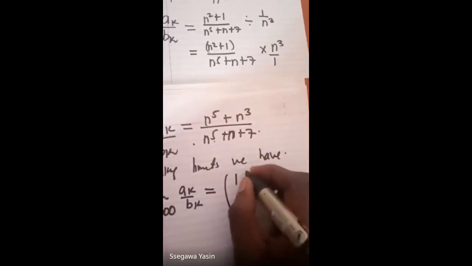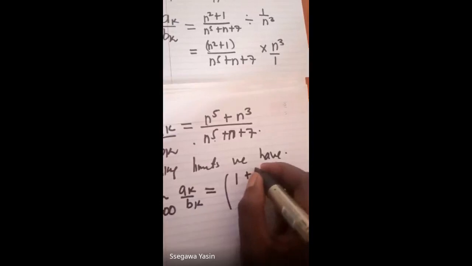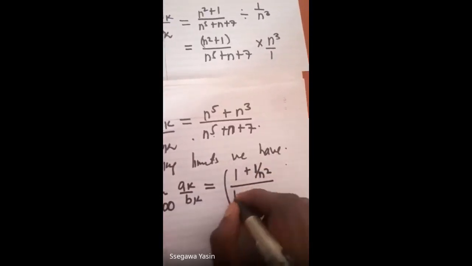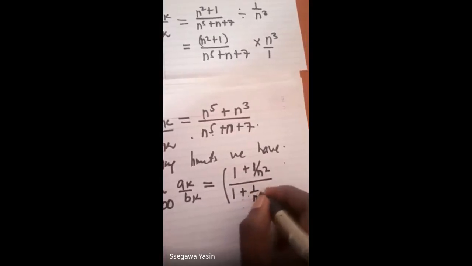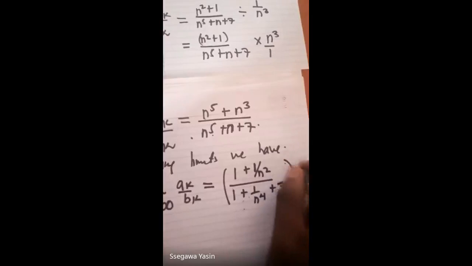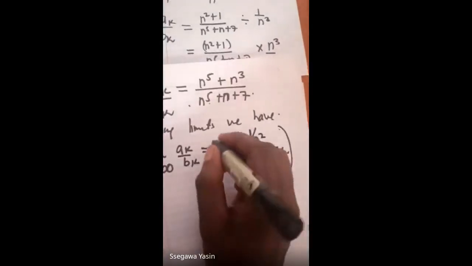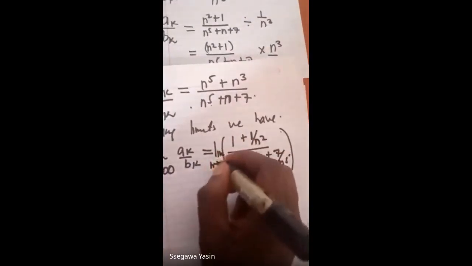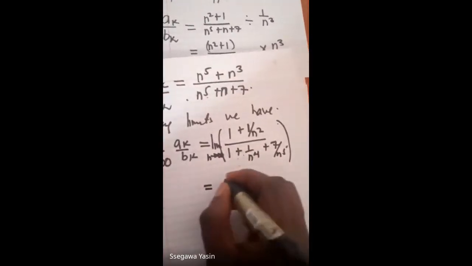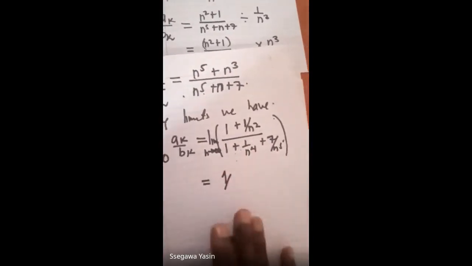We are getting the limit as n goes to infinity of a_k over b_k equals 1 plus 1 over n to the power 2, over 1 plus 1 over n to the power 4 plus 7 over n to the power 5. Then everything down there turns to 0, and we are getting a 1.